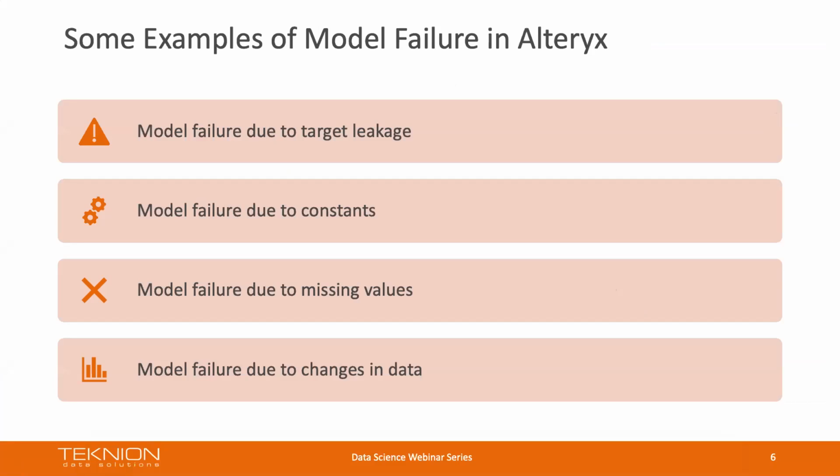Now this last one is the hardest one to talk about, because in order to monitor model failure due to changes in data, we typically want to think about that as we're constantly having competing models. And so we're testing other models, and we want to be able to monitor when this model is not a good model anymore.